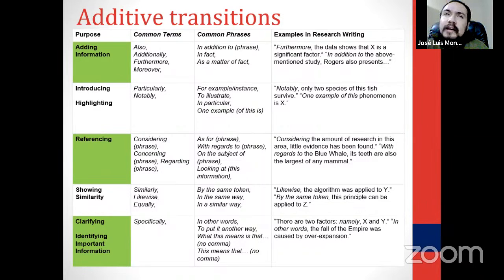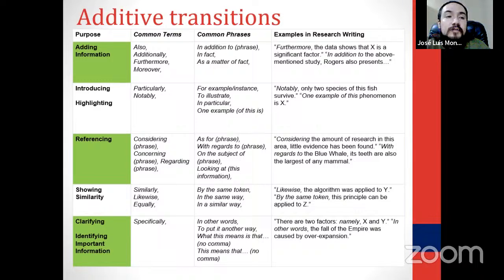That's why you say, hey, regarding what you said yesterday, I need to say this. I'm going back to that idea that happened before and saying something about it. Those are terms, but you also have phrases. So, as for this problem, as for this idea, comma, and you complete.